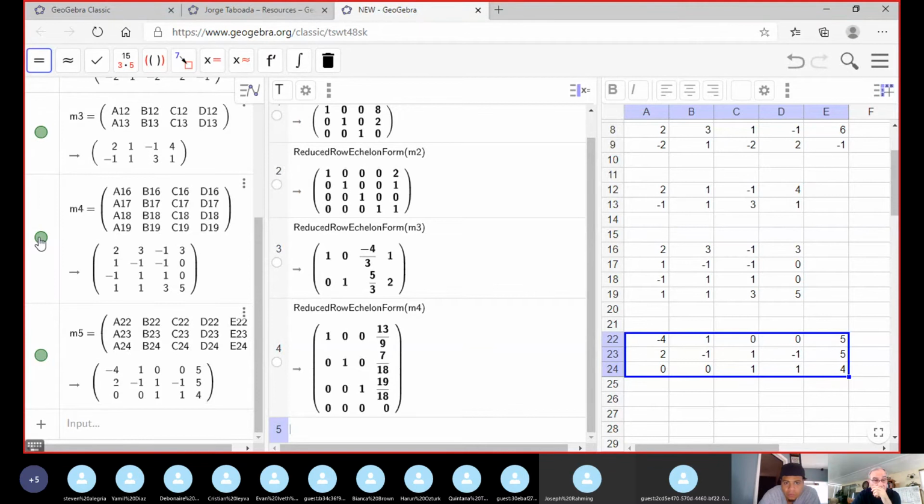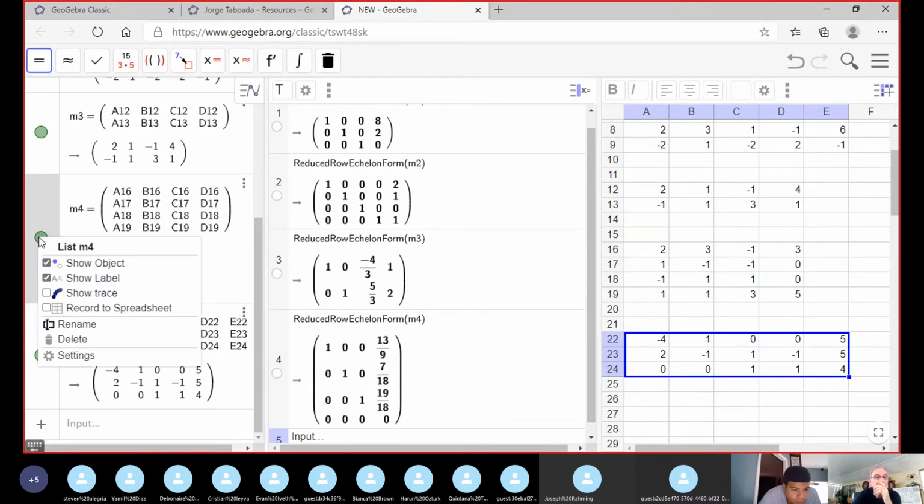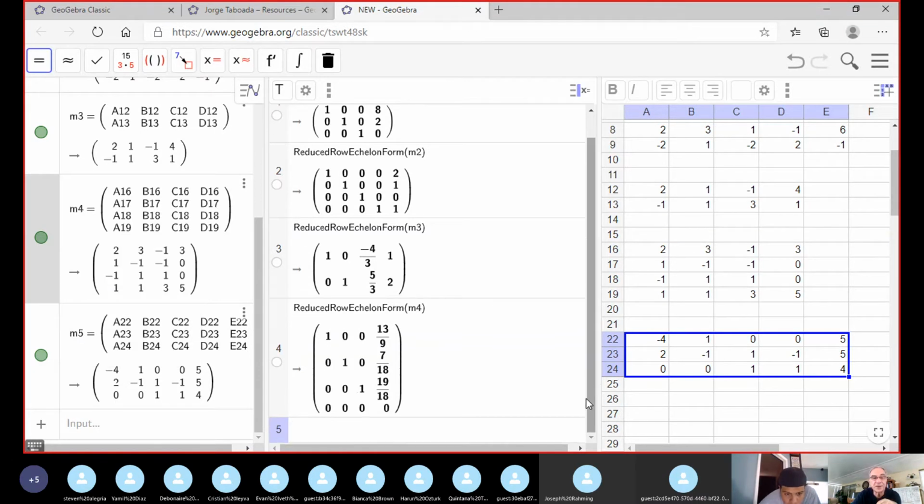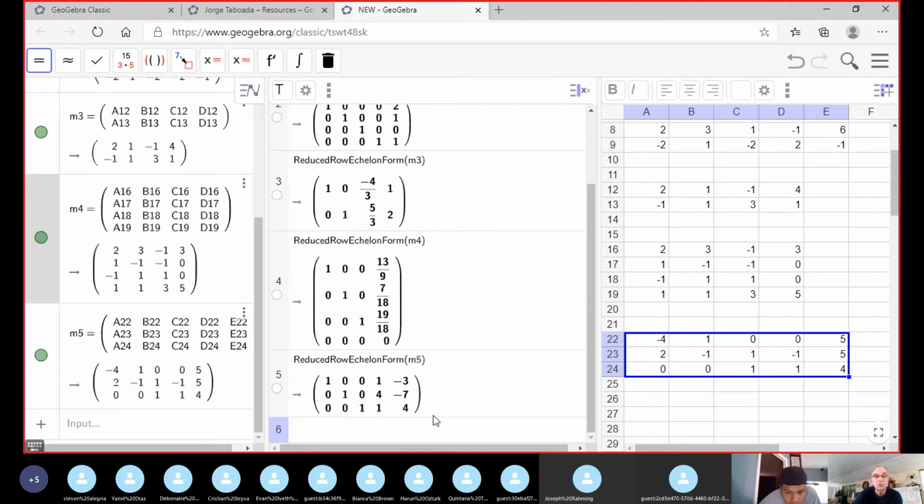You right click on this icon and select delete. In the input, you type reduced row echelon form of the matrix, M5. Press enter, boom, and this is the answer.